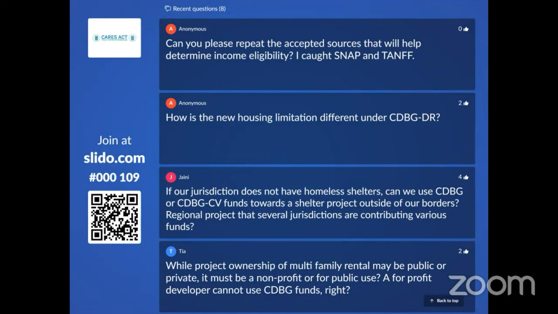They can have a letter stating that they've been determined eligible for Section 8 housing and have been placed on a waiting list. That's sufficient because it shows that they were income qualified there and found to be income eligible.